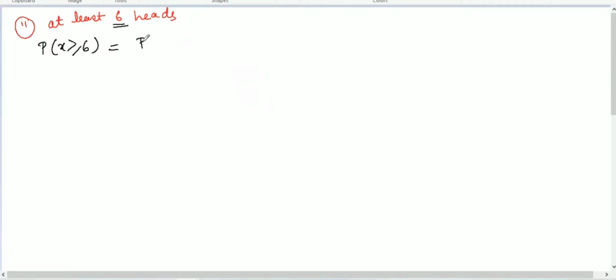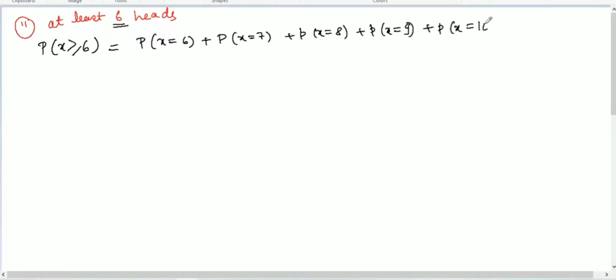What does that mean? We have to find the probability of x equal to 6, plus the probability of x equal to 7, plus x equal to 8, plus x equal to 9, plus x equal to 10. And why do we stop here at 10?